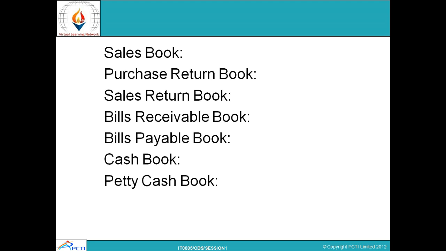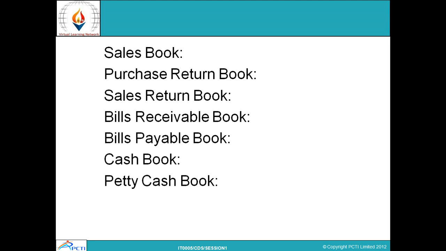As the name says, sales return, anything that you have sold and it has come back to you is called sales return. So sales return book is also known as return inward book. I'll repeat, sales return book is also known as return inward book.